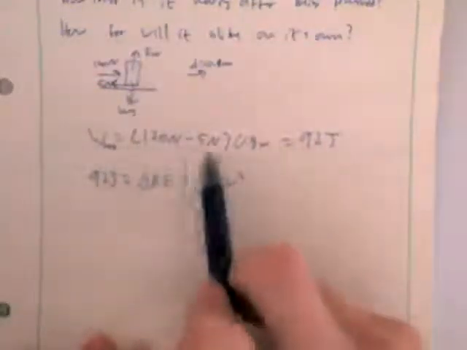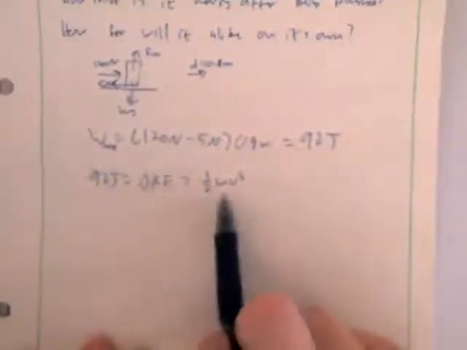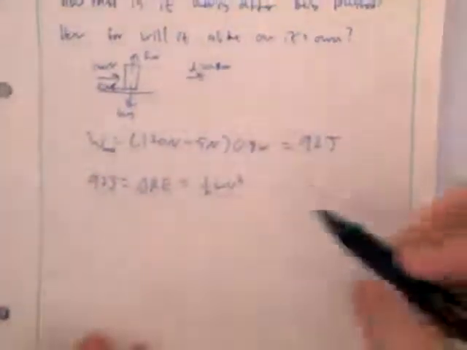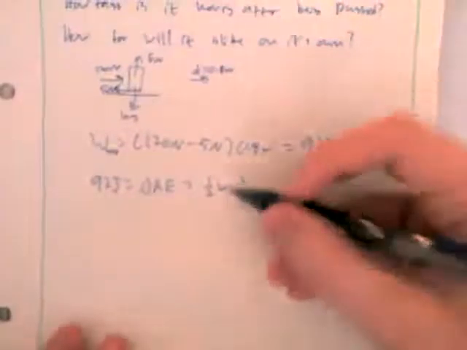We're assuming it was starting at rest. We didn't have any other information to assume otherwise. So we did 92 joules of net work on it, and this must be how our kinetic energy changed. This is 1/2 mv final squared minus 1/2 mv initial squared, but of course, there is no initial speed, so that term is just 0.